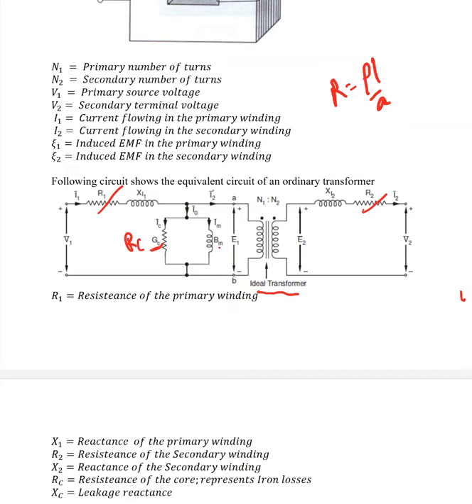And here XM is basically the reactance of the core. B is susceptance, the opposite of reactance. So don't worry about G and B, RC and XM. This is the practical transformer. We're not going to do any practical transformer examples in this class. Probably you're going to learn that in the 488 class.